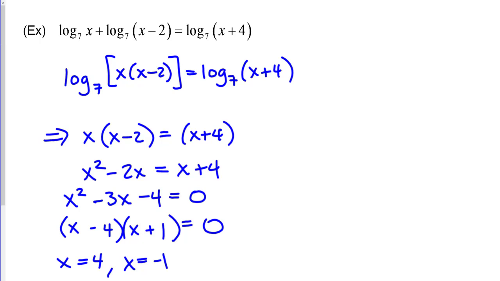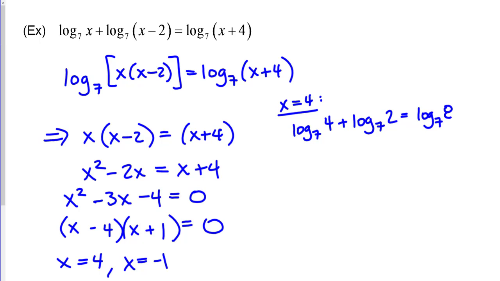So for instance, when I plug in x equals 4, I get log base 7 of 4 plus log base 7 of 4 minus 2, which is 2, equals log base 7 of 8.